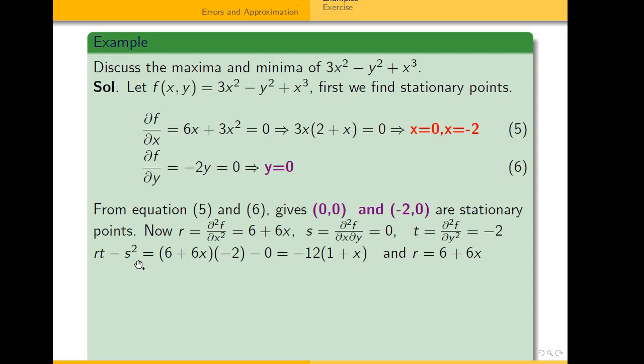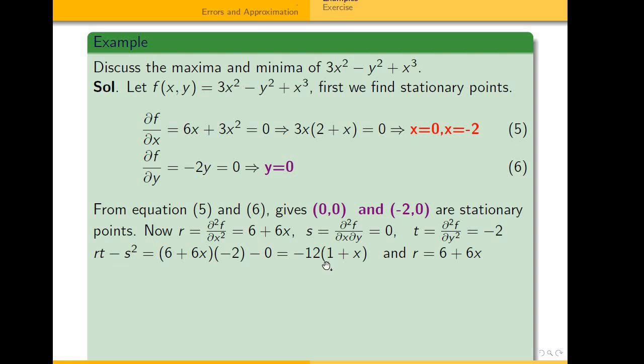This rt minus s square is equal to r into t minus s square. s is 0, therefore 0 square. If we find this product, we get minus 12 into 1 plus x. What is r? This is your r, 6 plus 6x.